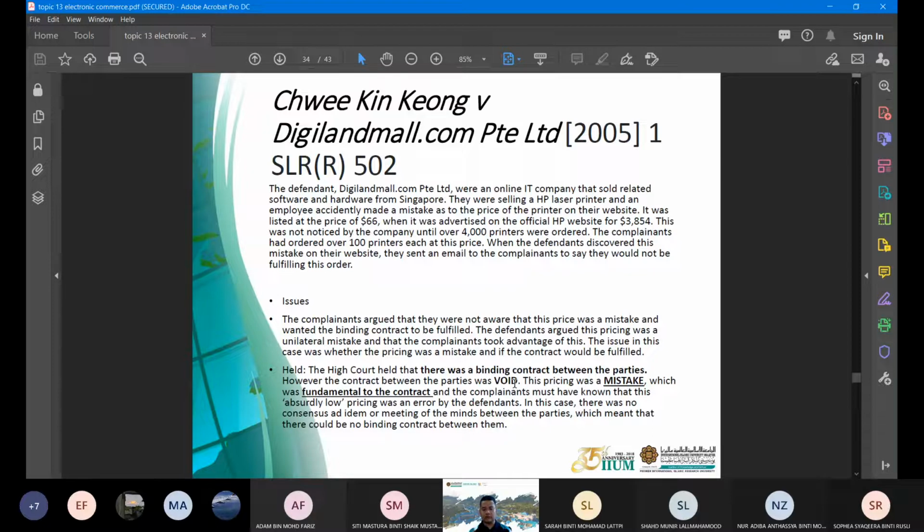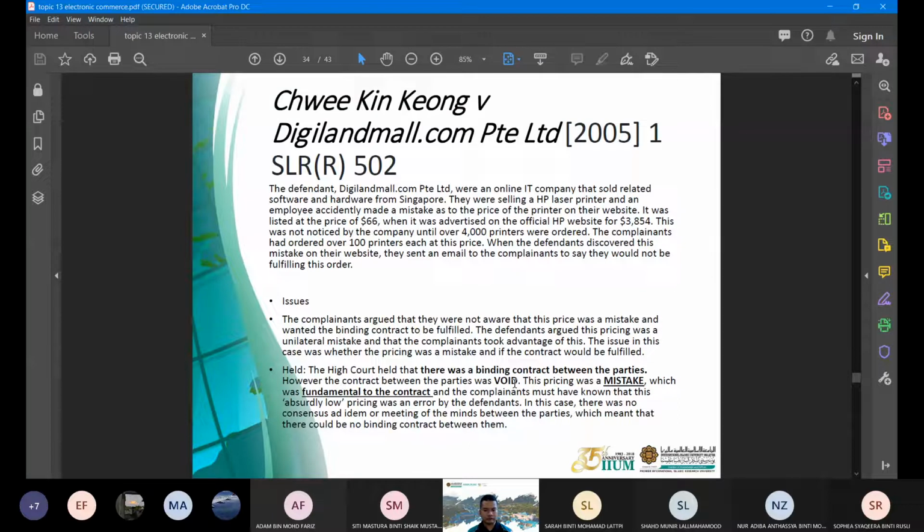Yeah, and the court basically said that the complainant must have known that this was absurdly low pricing, an error by the defendant. In this case, there's also no consensus ad idem, or meeting of the minds. There's no meeting of the minds between the parties. So the court said that the contract was void. Yeah, the contract was not binding.